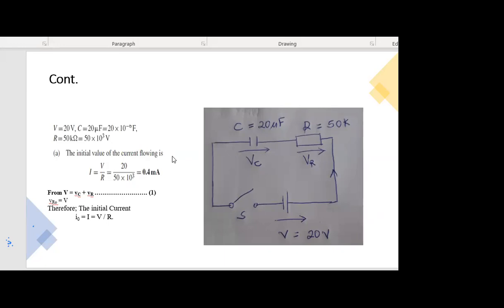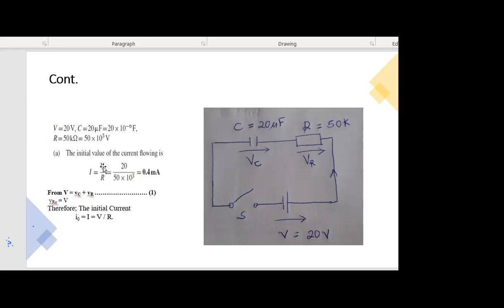And we said, initially, there is no charge. The capacitor doesn't charge. So at initial state, V will depend on the voltage drop across the resistor.